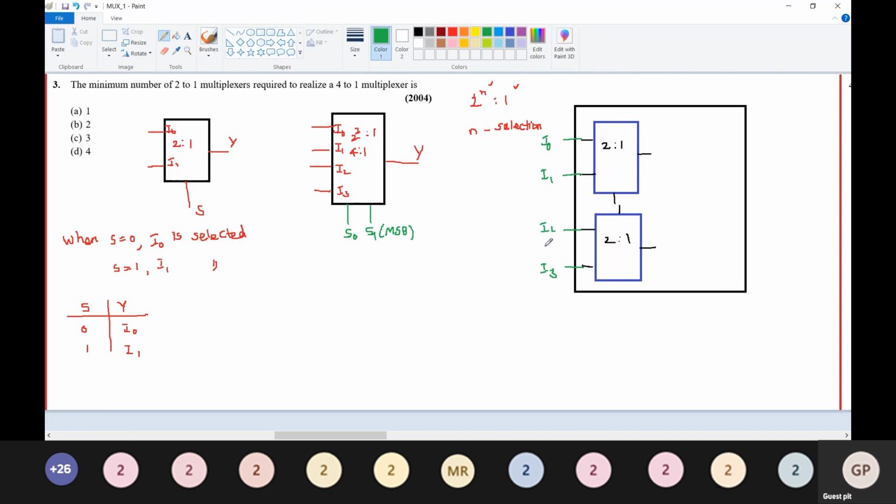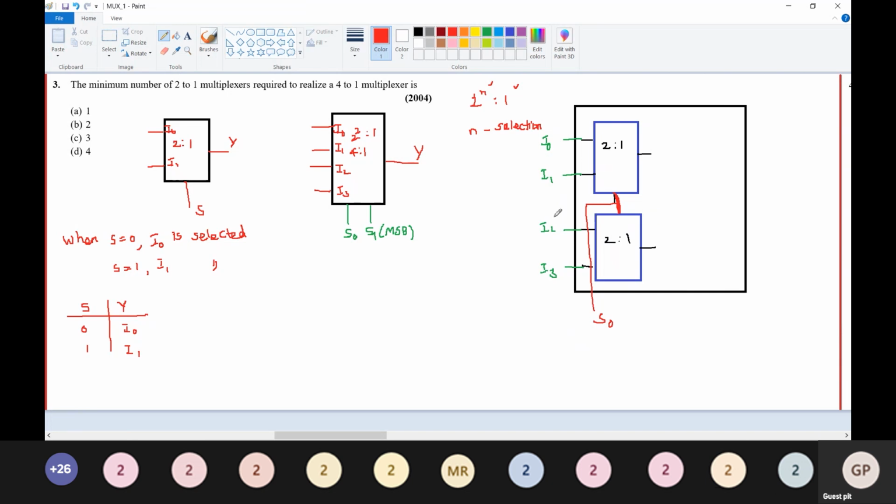Now you need one output and two selections. Here we have one selection line for the first mux and one for the second mux. Now I'm going to join both, and take this as one of the selection lines, S0. So now you have two outputs.